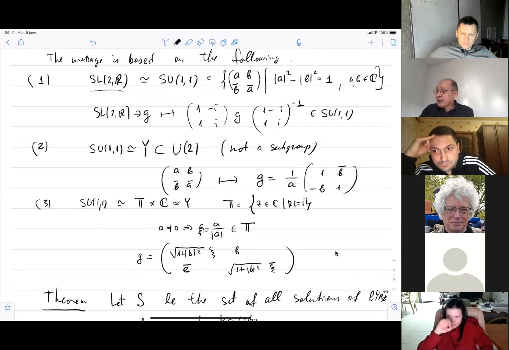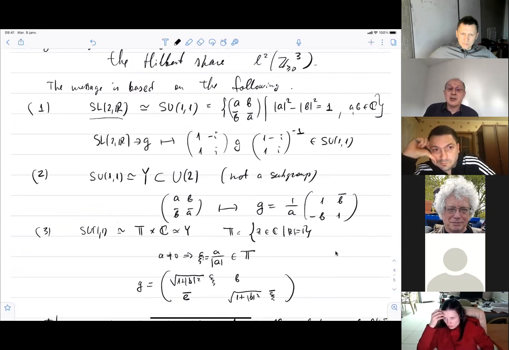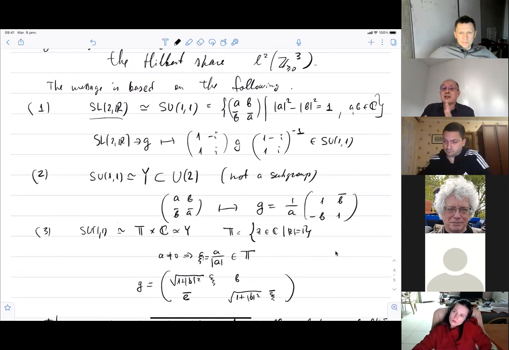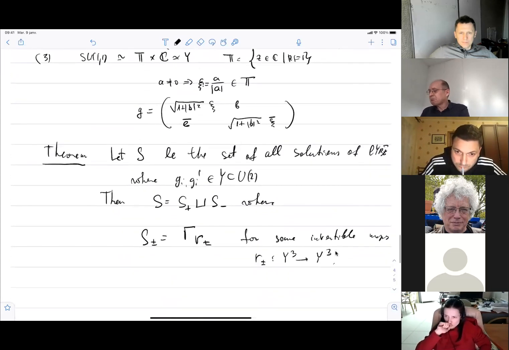And even more, the A star in the Bazhanov-Mangazeev-Sergeev formula becomes the complex conjugate of A. So it is a true analytic, I mean, you have a star structure compatible with the map.